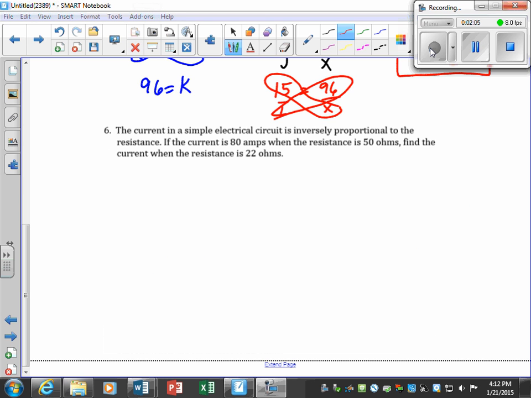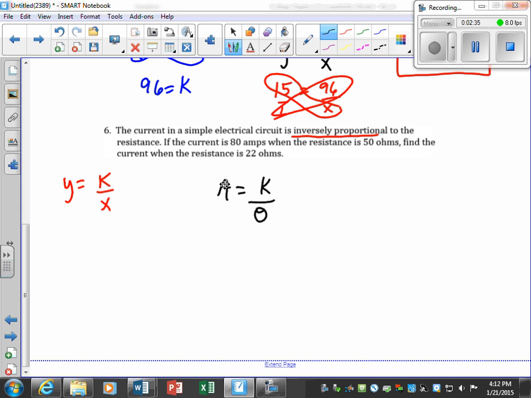Alright, so number 6, we're working with an inverse variation, an inverse proportional. So the equation we're comfortable with is y equals k over x, but we're going to convert it over to use variables that are in our word problem. It'll say if the electrical circuit is inversely proportional to the resistance, okay, so we'll have A is equal to k over O, which is ohms.